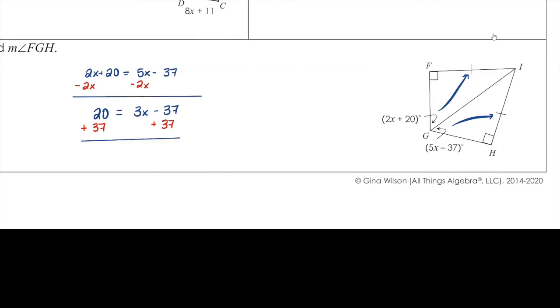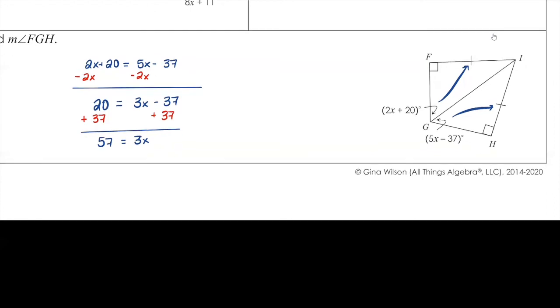So 57 equals 3x. Divide both sides by 3. So x equals 19. But that's not what it wanted.